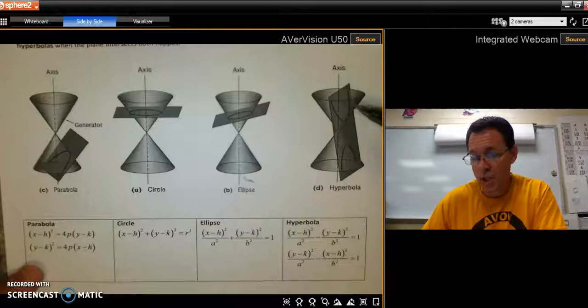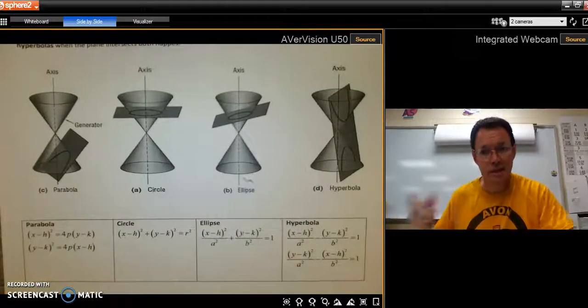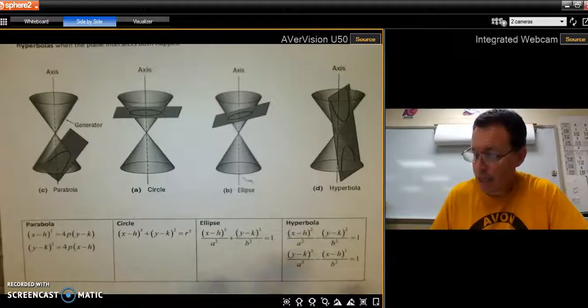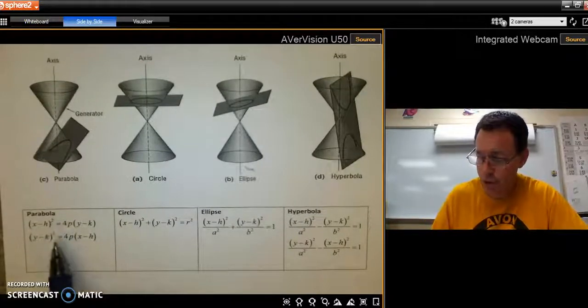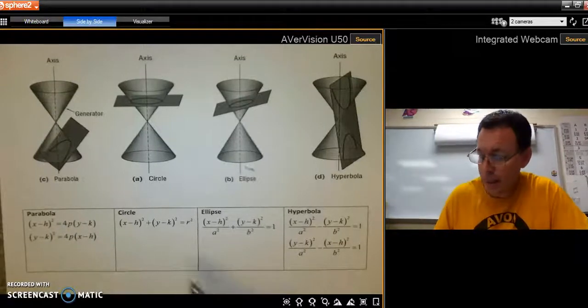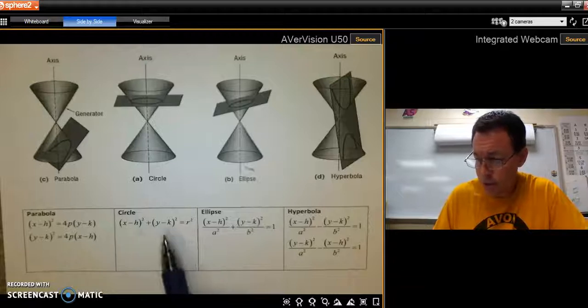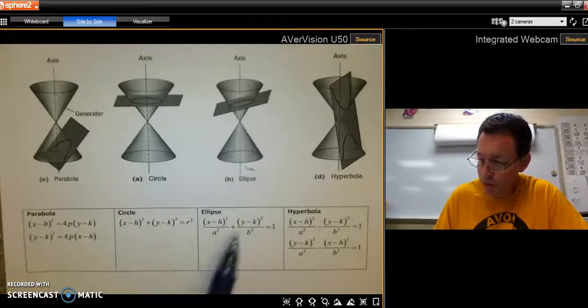This is one shape called a hyperbola, and we're going to talk about that in more detail in a couple weeks. At the bottom, you're going to see the equations for these shapes. There are two equations for a parabola, one if it goes up and down, one if it goes side to side. This is a circle. A circle is a circle. There's only one formula for that. There's only one formula for an ellipse.